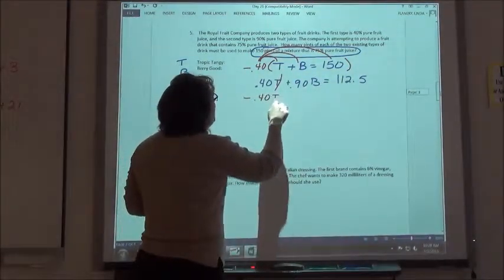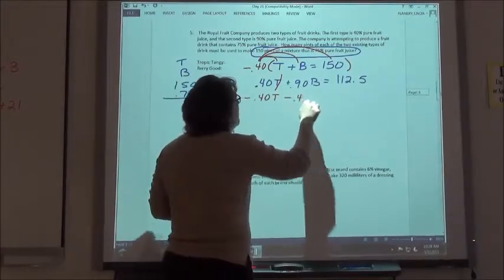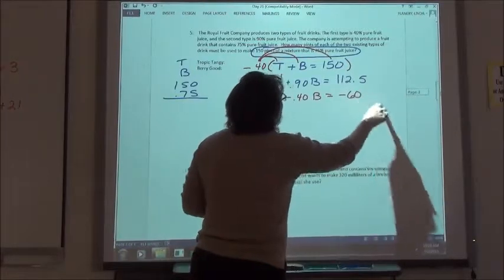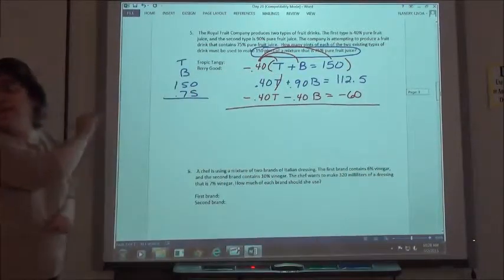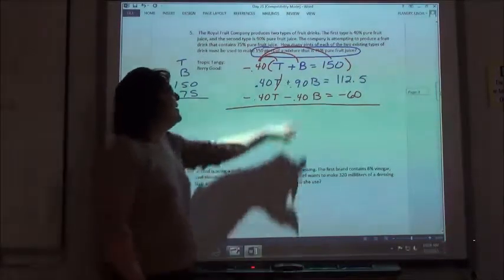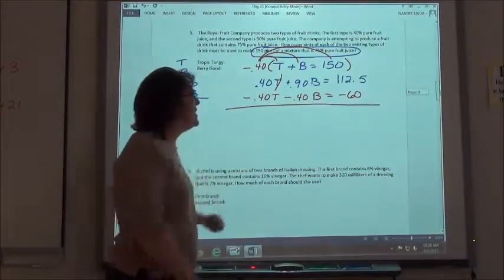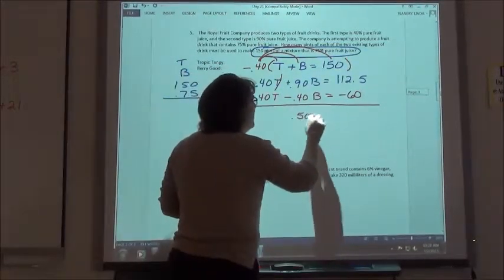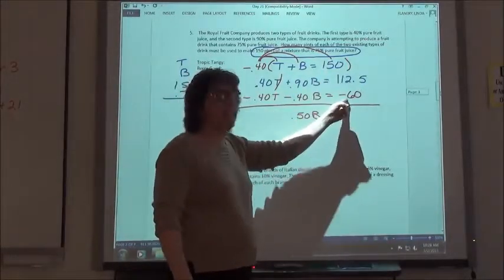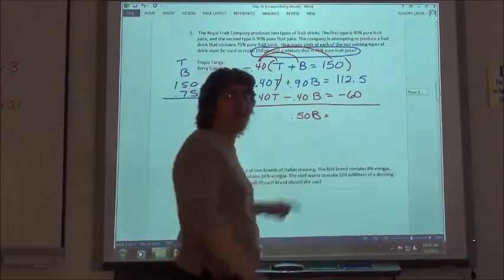So negative 0.40 T minus 0.40 B equals negative 60. All right, so when we add, 90% minus 40% is going to be 50% of B. 112.5 minus 60 was 52.5.